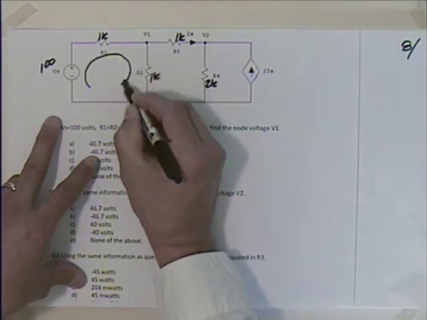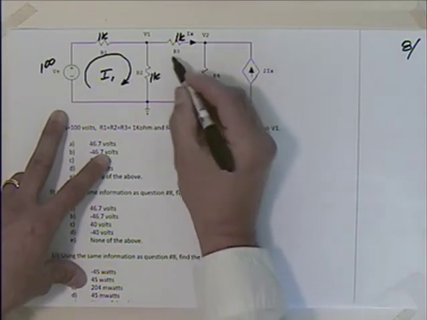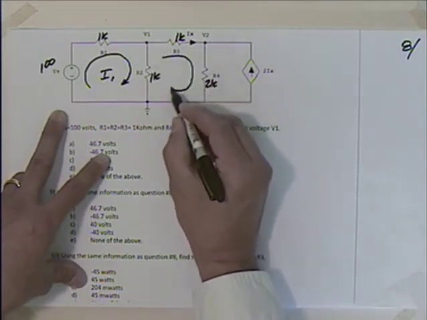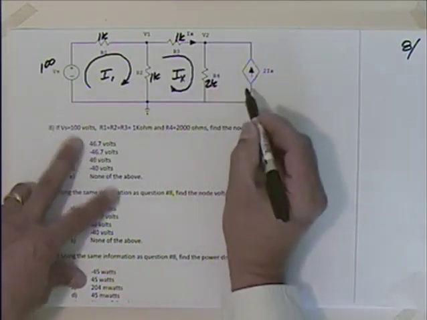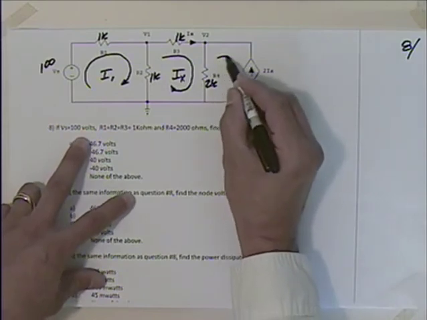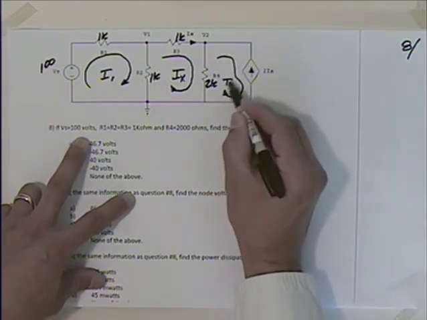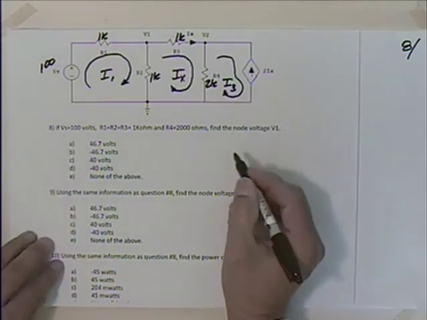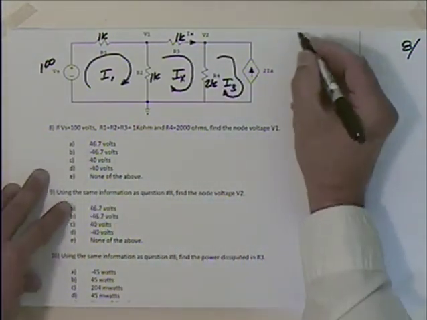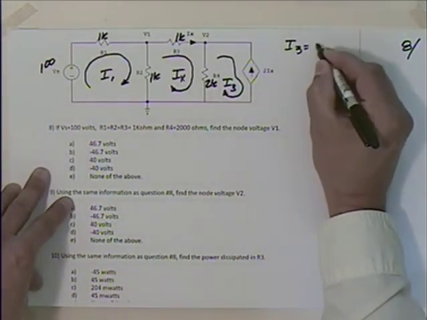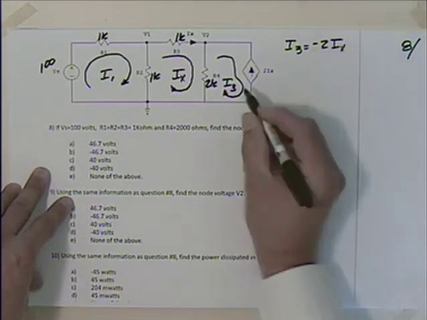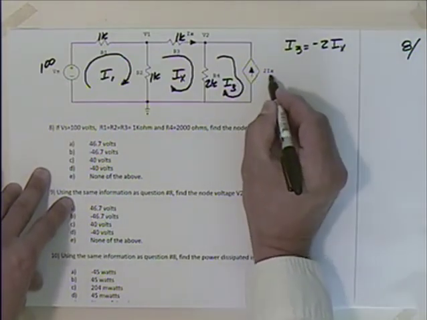I'm going to go ahead and call this I1. This already has a name, IX. And in fact, this kind of has a name, but I'll go ahead and call this I3. So we can say right off the bat here that I3 is equal to minus 2IX, isn't it? I mean, I3 is just the opposite of that, so it's minus 2IX.